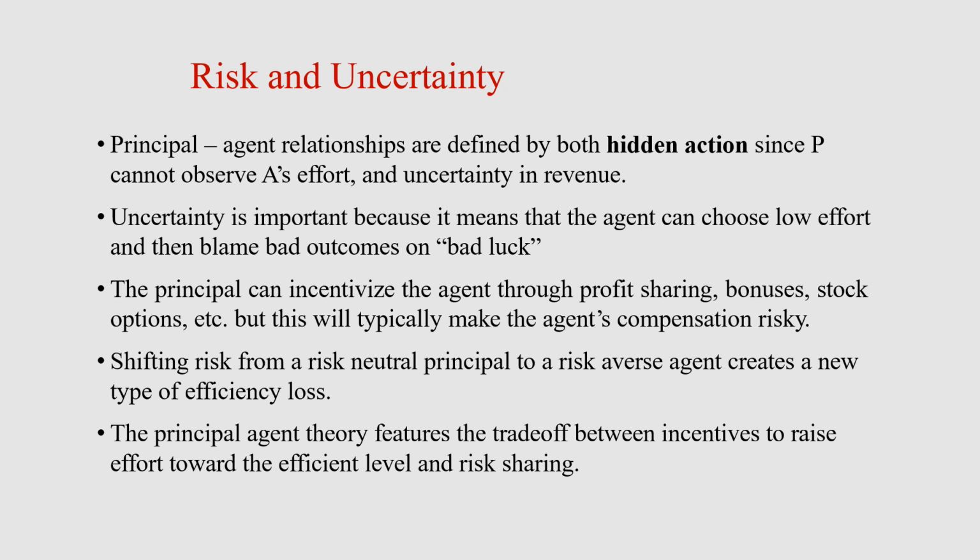The principal can incentivize the agent through profit sharing, bonuses, stock options, etc., but this will typically make the agent's compensation risky. Shifting risk from a risk-neutral principal to a risk-averse agent creates a new type of efficiency loss. Principal-agent theory features the trade-off between incentives to raise effort toward the efficient level and this risk sharing.